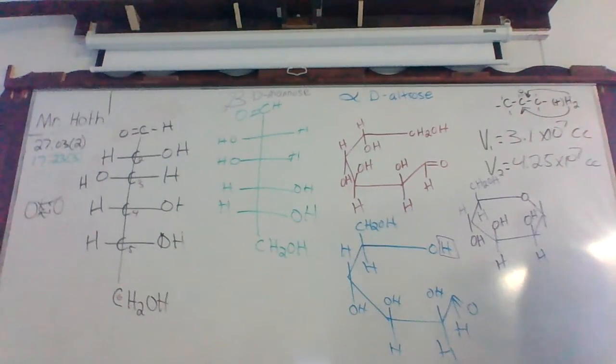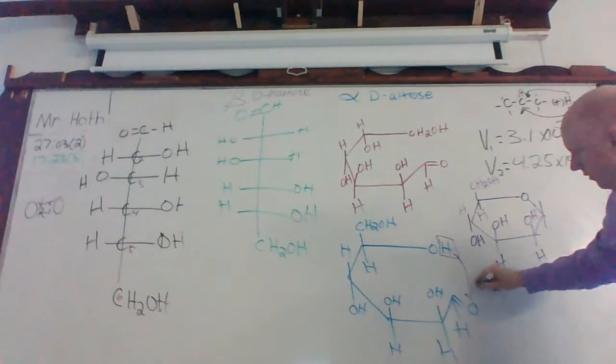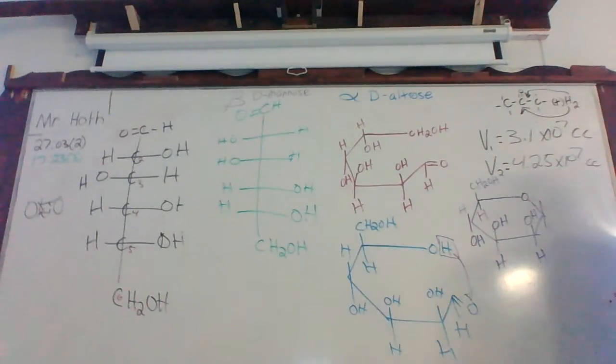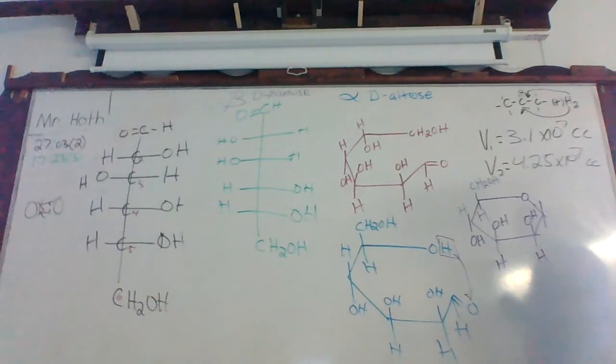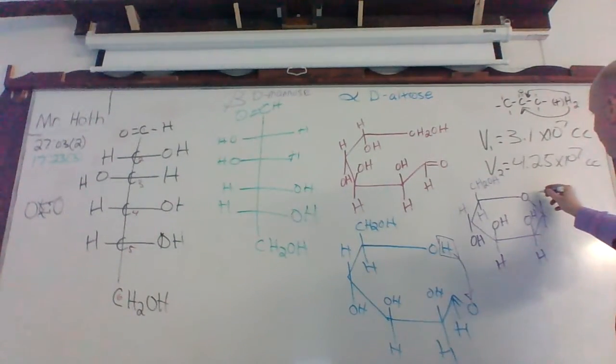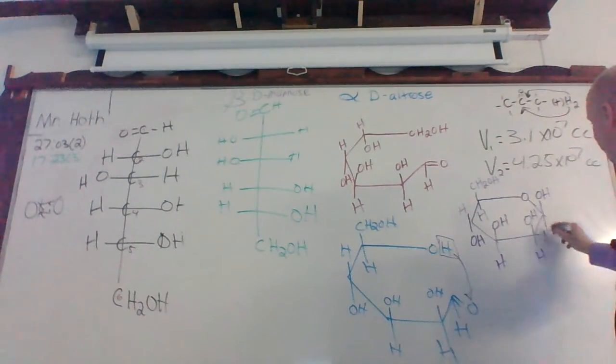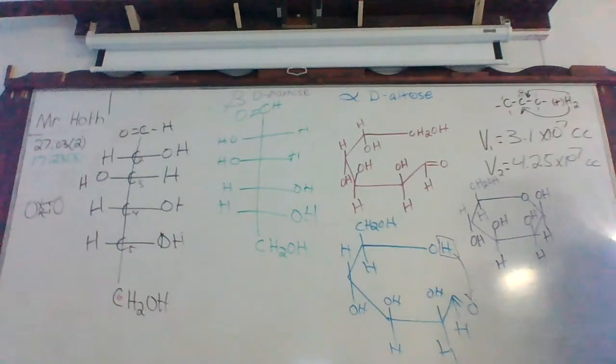So now, once this has gone down here to break that, is that OH pointing up or is that OH pointing down? Yeah, 50-50 chance. Ooh, it's beta, and beta points up. It does. So buckle up. Okay? So if that's the case, which it is, if this was alpha D mannose, well then this OH would be down here.